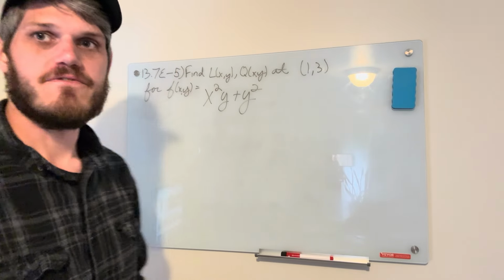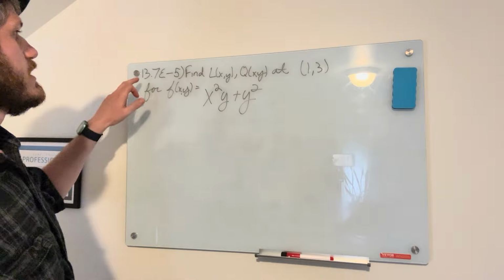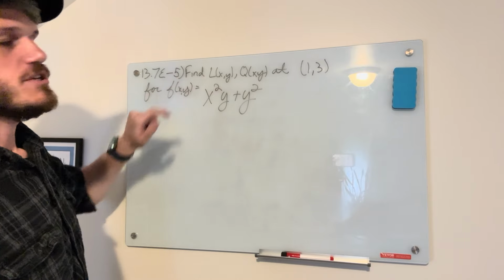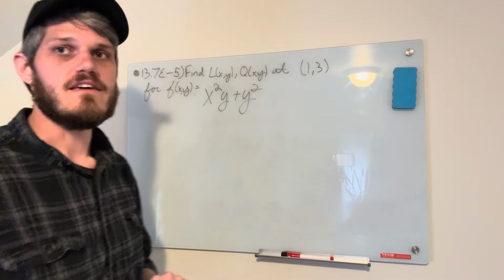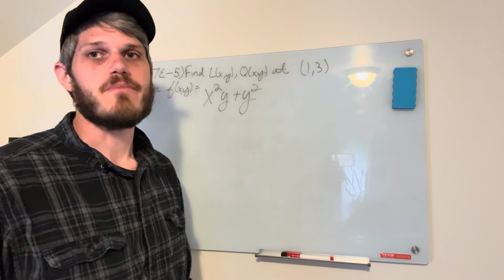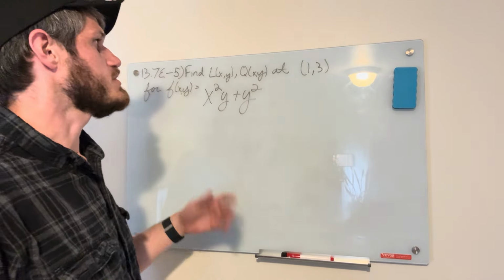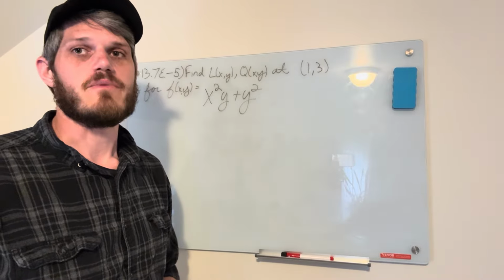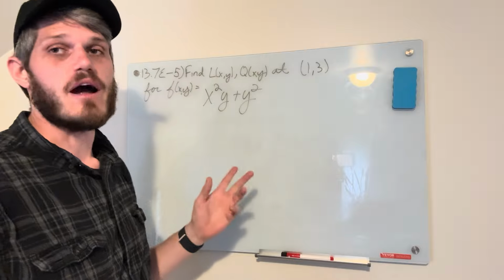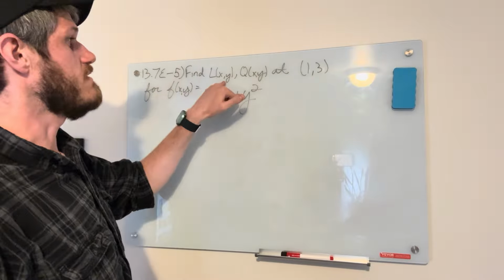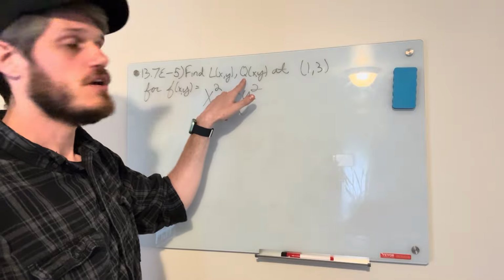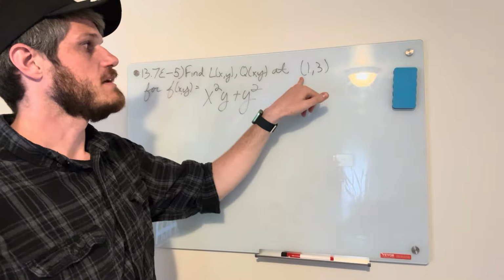Hey there. For my problem, I'm doing 13.7e number 5, which is about finding the Taylor polynomial approximations of a given function, the first and second order Taylor polynomial approximations, the linear approximation L of x,y and the quadratic approximation Q of x,y.